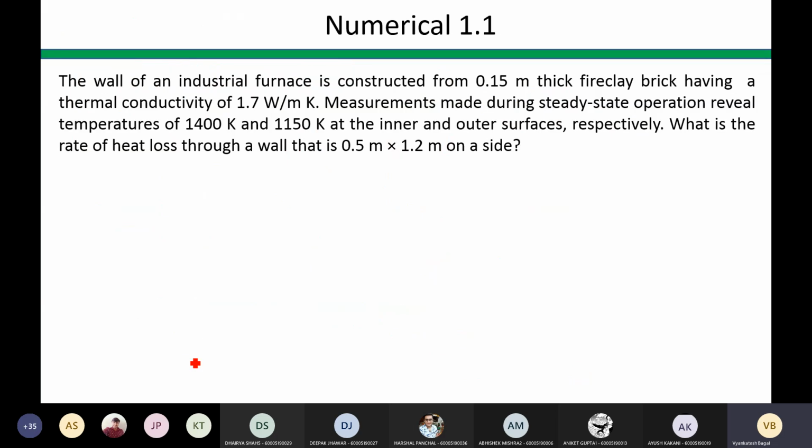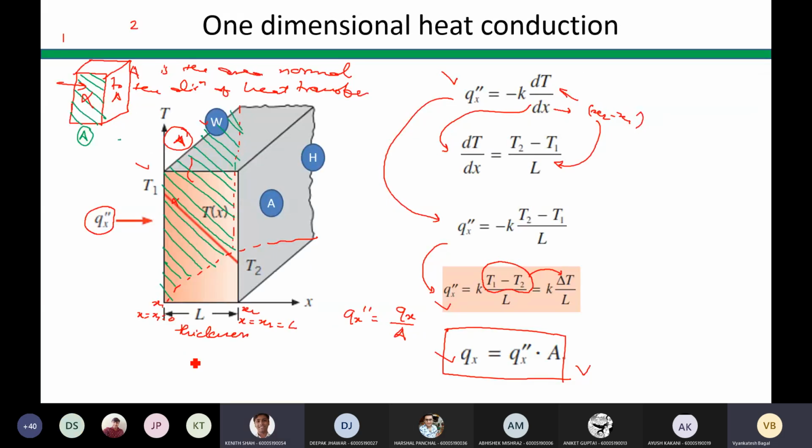Sir, just a minute. Now, based on this analysis of one-dimensional heat conduction in a plane slab, we will solve a numerical based on the formula which we have derived. A very simple numerical, but it will give you an idea of how to approach a solution for a particular problem.